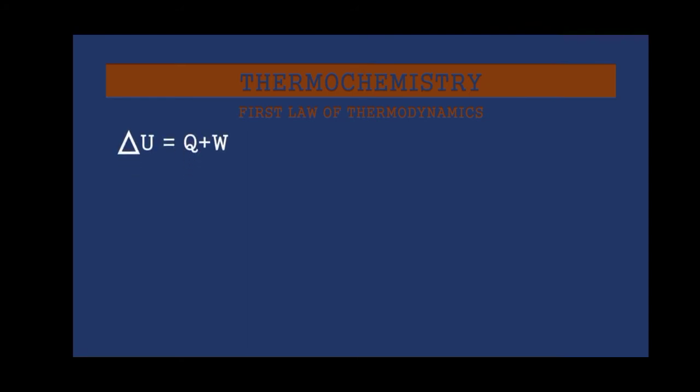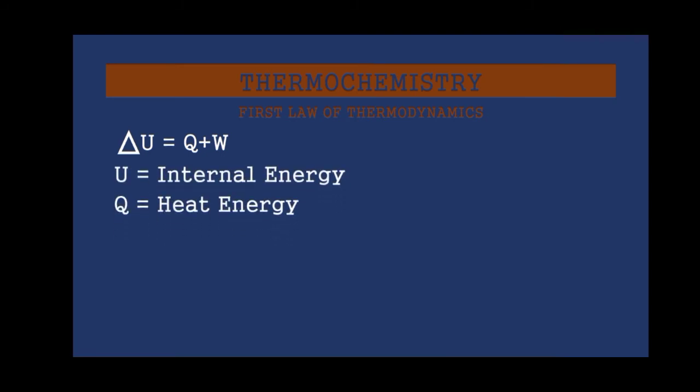So we're going to talk about thermochemistry, in which we're going to discuss the first law of thermodynamics, where the change in internal energy is equal to heat energy plus work, in which U stands for internal energy and Q stands for heat energy. The formula of heat energy is mCΔT, the mass times the specific heat capacity times the change in temperature.